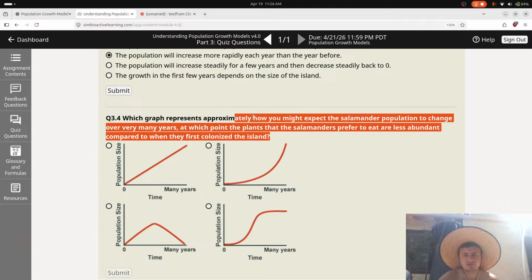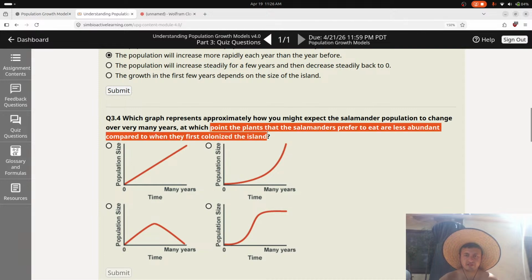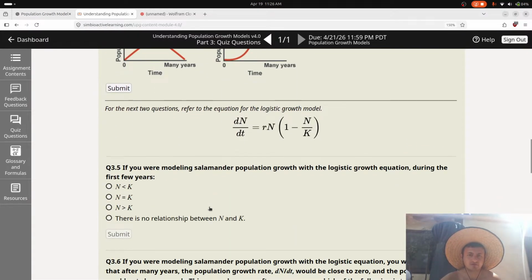Which graph represents approximately how you might expect the salamander population to change over many years? At which point the plants that the salamanders prefer to eat are less abundant compared to when they first colonized them. I'm guessing that they're saying a logistic growth thing, but I don't... If you were modeling salamander population during the first few years, N is a lot less than K.